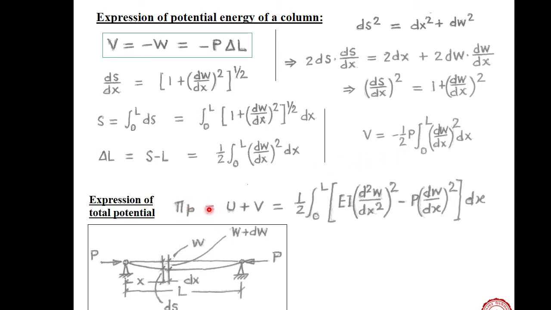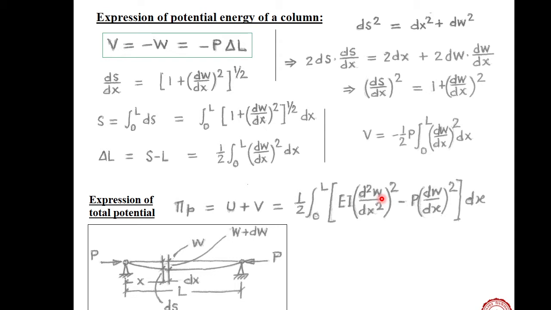Pi is U plus V. This is U, this is V. This is the total potential, and what is the governing differential equation now? Variation of this is 0. This is clear?